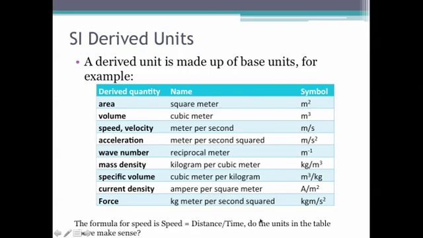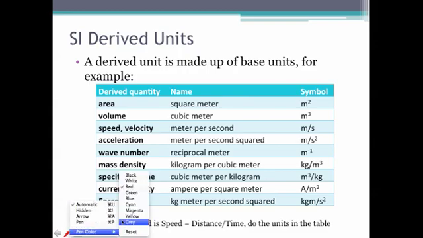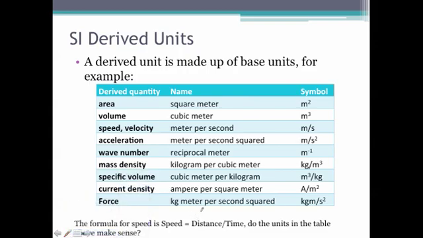And do the units square up? You bet they do, because you would measure distance in meters, of course. So it would be meters here divided by the time. The time's measured in seconds, and you can see that the units that you would end up with would be meters per second.